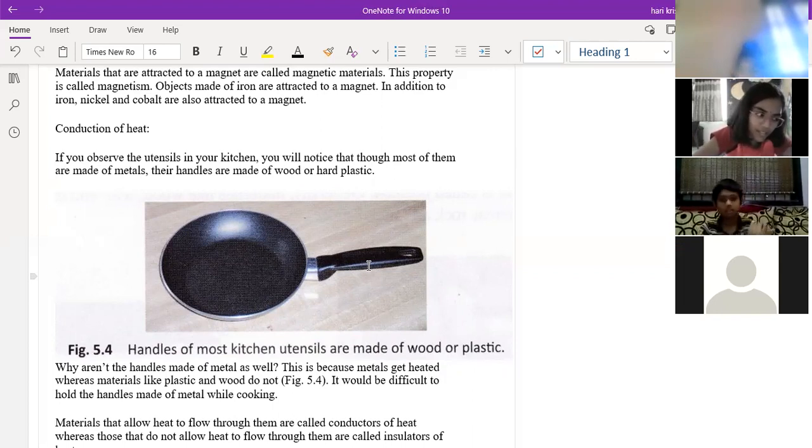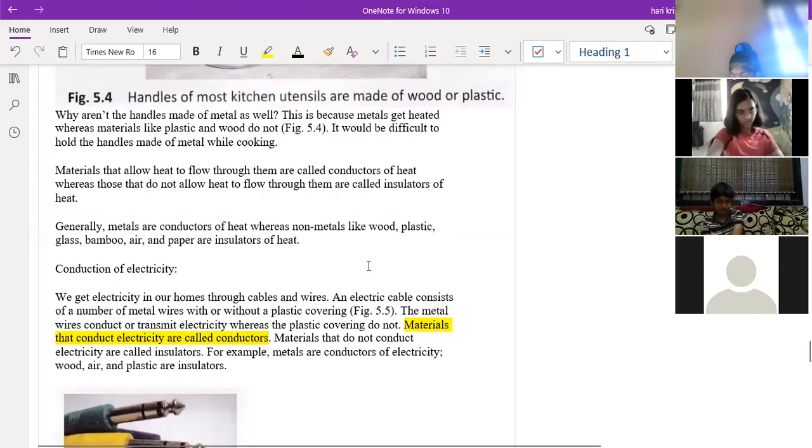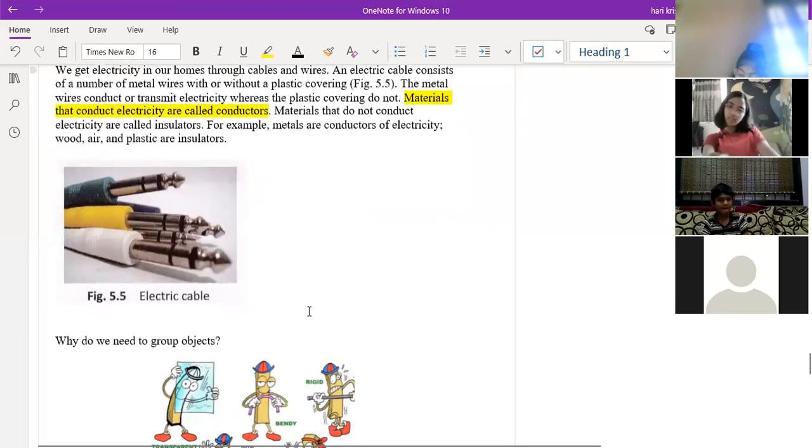We'll say electrocuted, not conductor or insulator. We don't use the term shock. Whenever current passes from our body to the earth, that is called electrocution. Insulator means which does not conduct electricity at all. So based upon that also you can classify the objects into different groups.